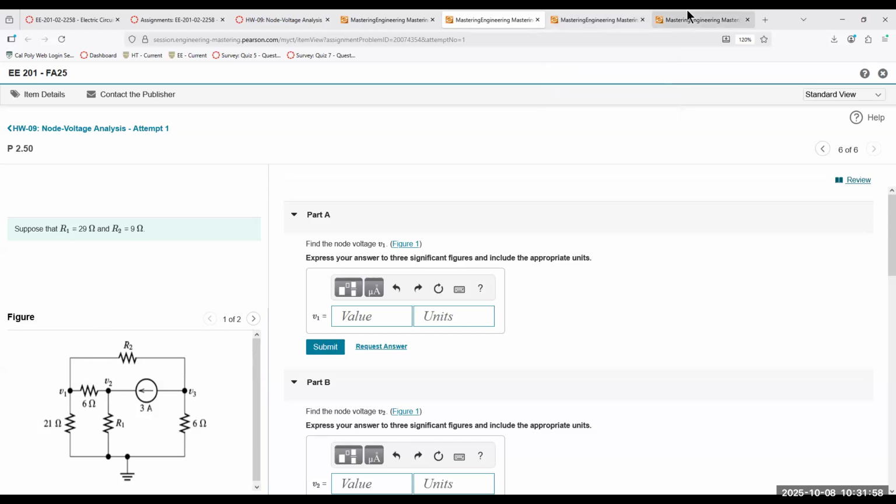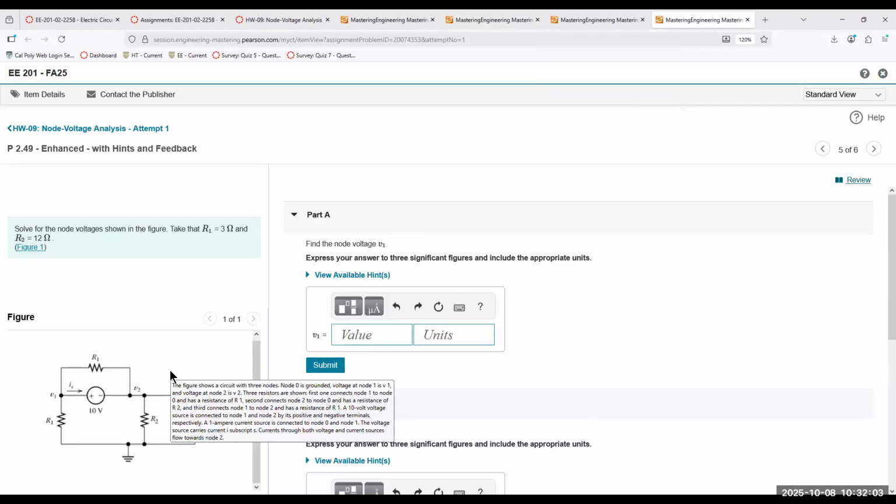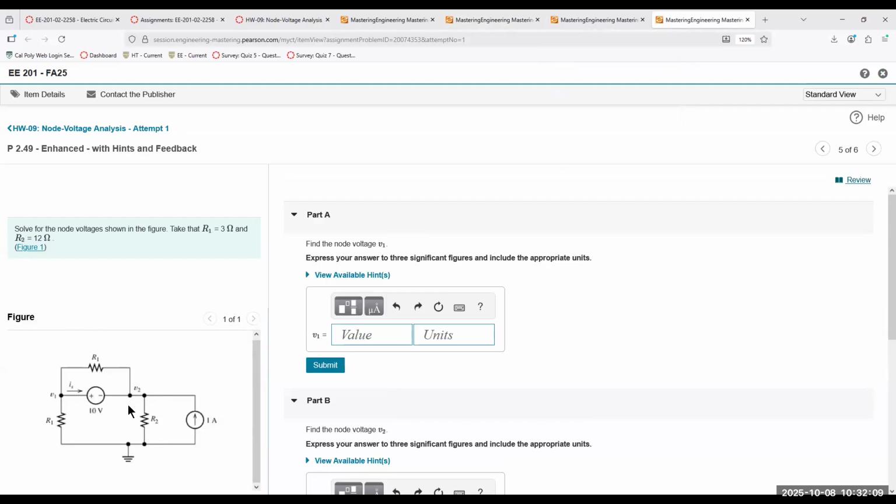This one's rather straightforward. So what if I tell you that you can solve this with only one equation? So let's go to our notebook. Let me paste this here. Okay, all right.